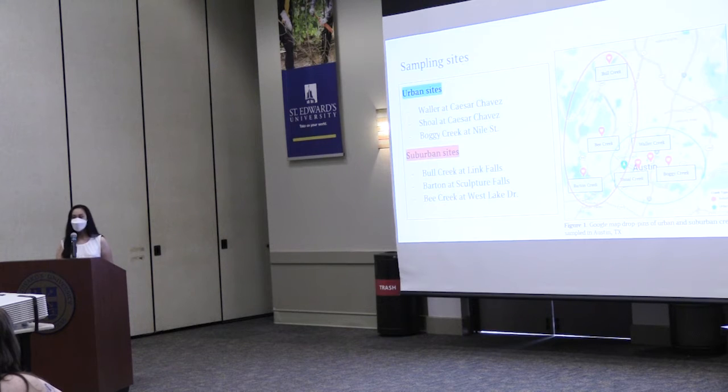Initially, these creeks were categorized as urban or suburban by visually estimating impervious cover. Creeks with a lot of impervious cover were categorized as urban, and those with low impervious cover as suburban. But the goal of my study also looked at the percentage of impervious cover to see if we could use that as a proxy for development.